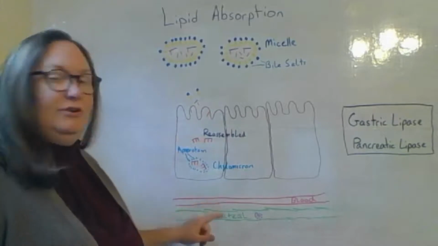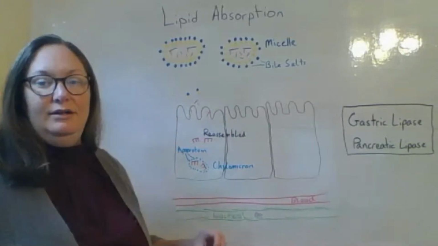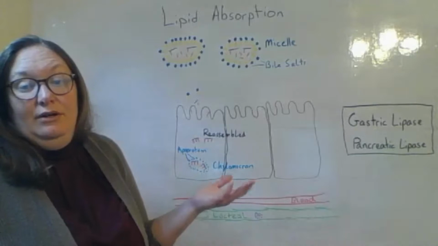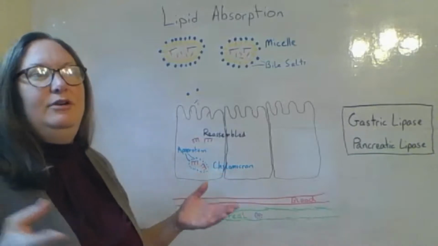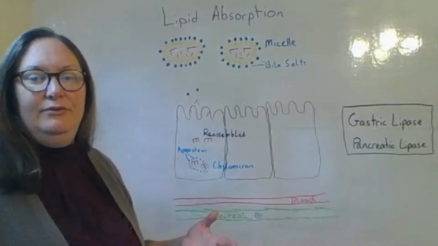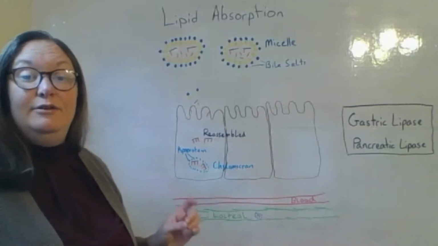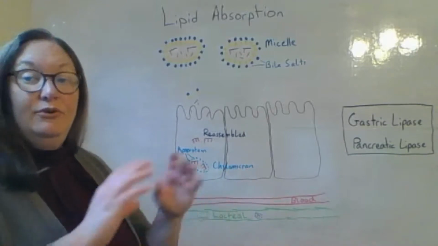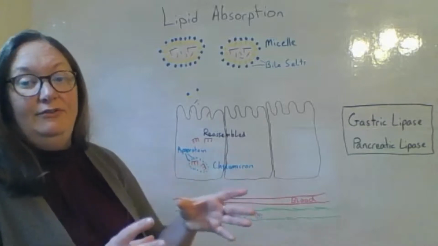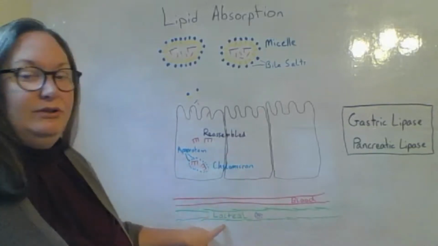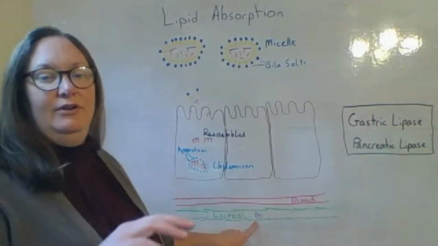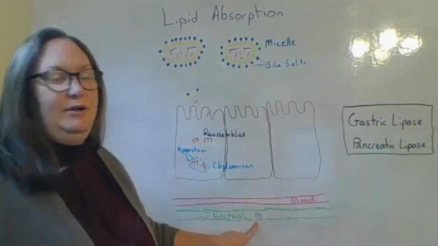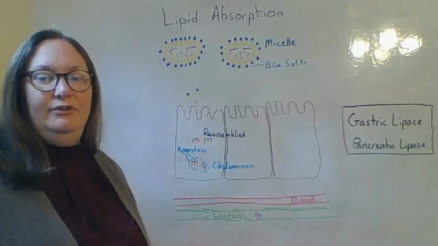And what do you think? Does it go in the blood? Because it now has this coat, right? So it can interact with watery environments. It can travel through watery environments, but it can't get in the blood because the chylomicron is so large it can't get into the blood vessel. So it goes into a lacteal and travels up and enters through the thoracic duct.